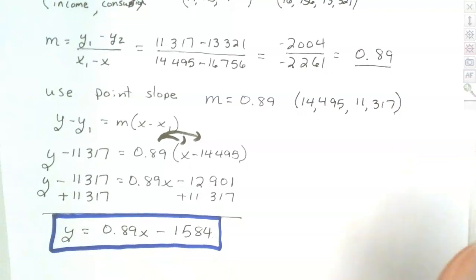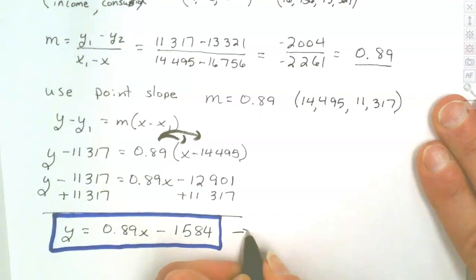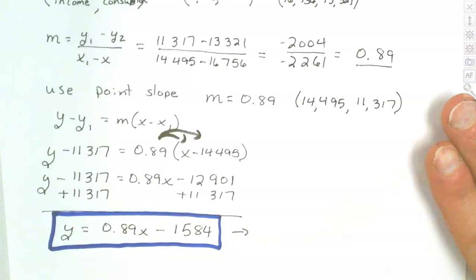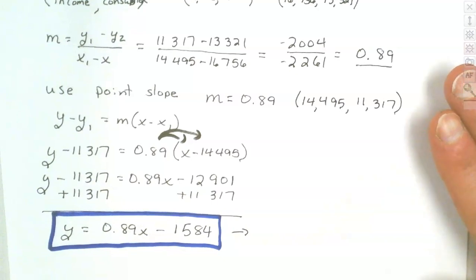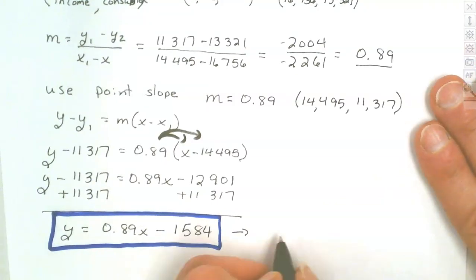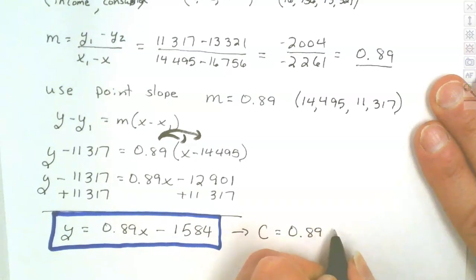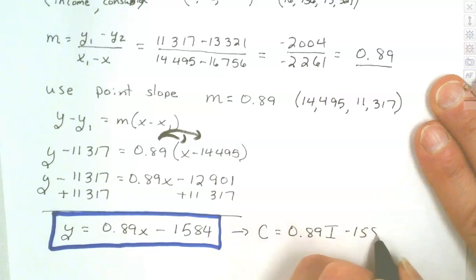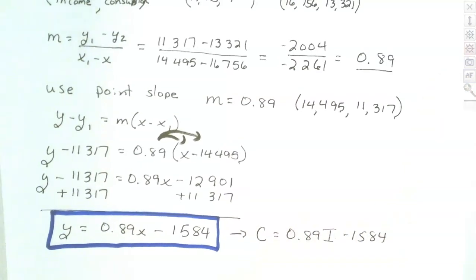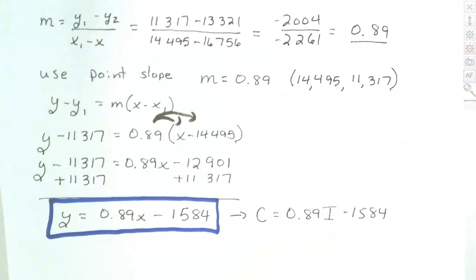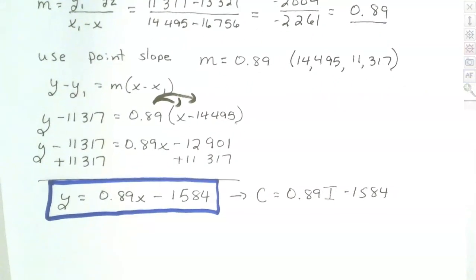You could write this, now, with your consumption, C, equal to 0.89I minus that 1584. So either one would work. If you wanted to use the C and the I, you could do that.